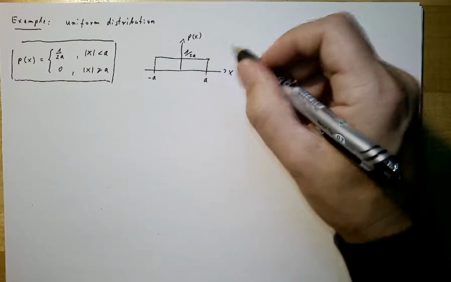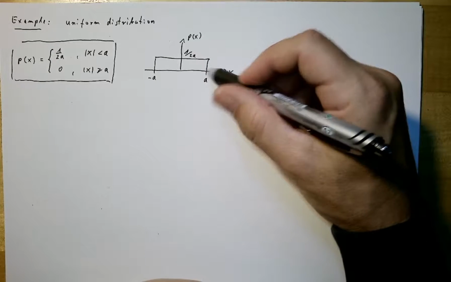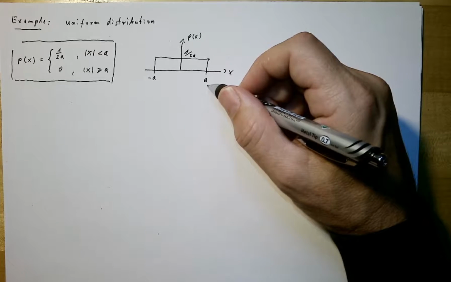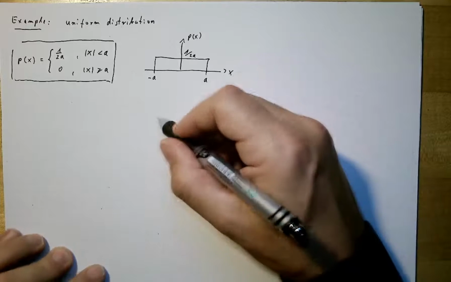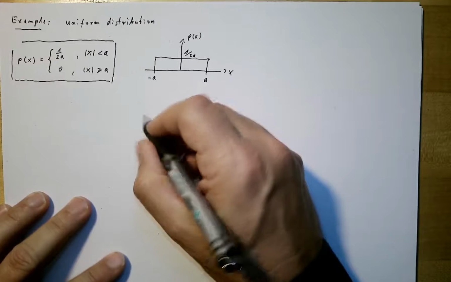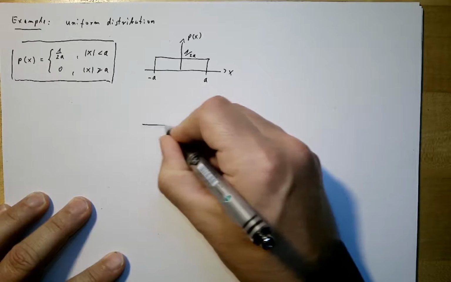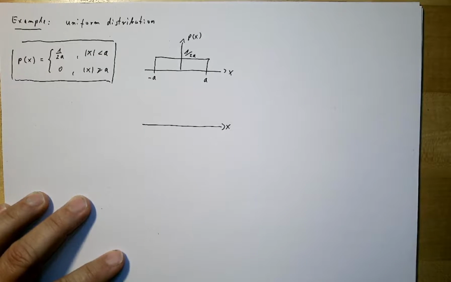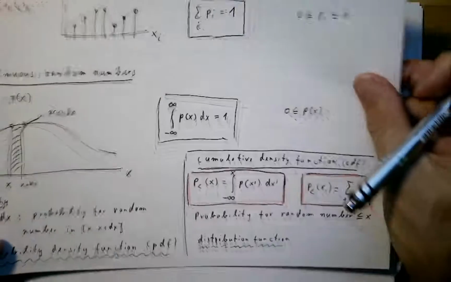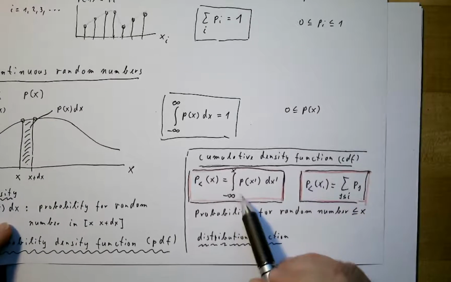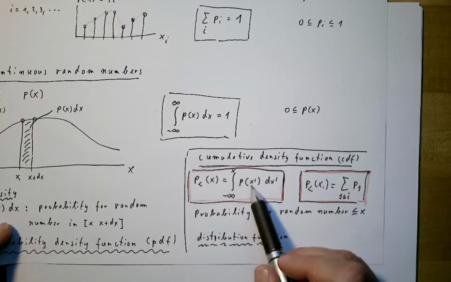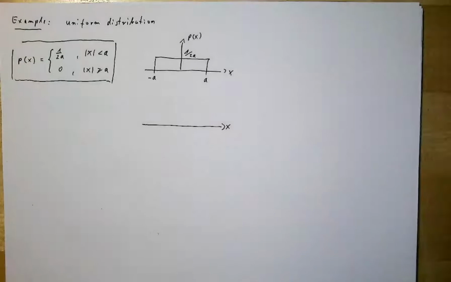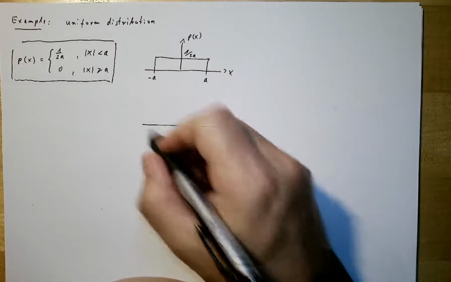Now that's the PDF. So how does the cumulative density function look? We put again the axis here. Now remember, we need the integral of this function up to the value x. So it's the probability to have a number smaller than x. So this is a function.